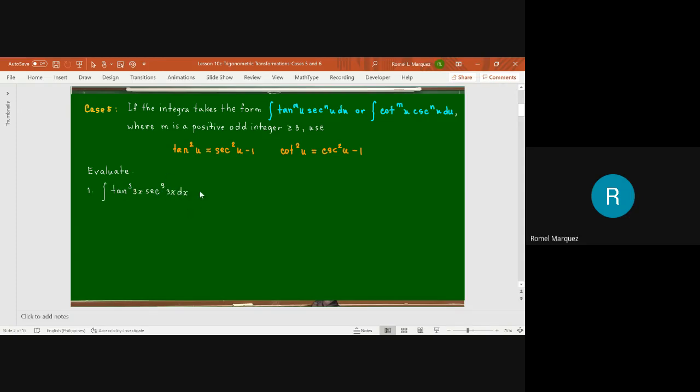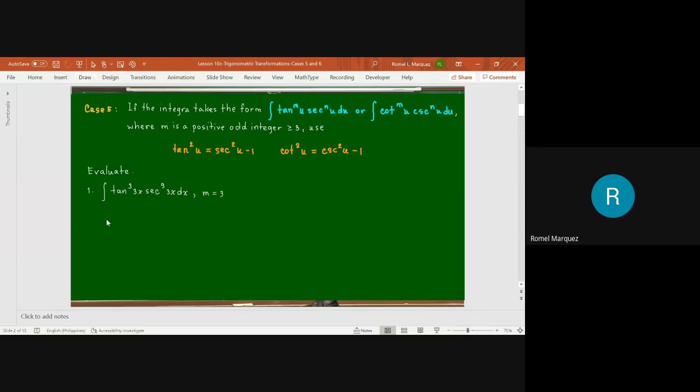So here our m is 3, and that happens to be odd, greater than or equal to 3. So this integral satisfies this form. So we can use the transformation provided in case 5. Okay, guys? So this is what we're going to transform.